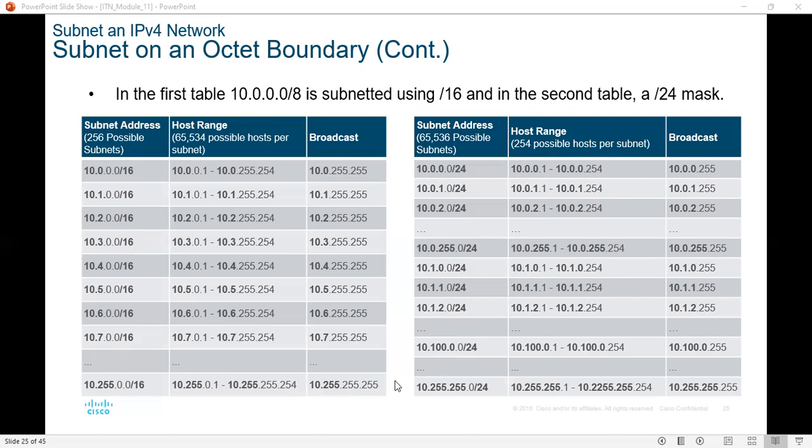So the number of hosts we'll be having will be 2 raised to power 16 minus 2. Who can help us do that calculation, please? I'm waiting for the response. 2 raised to power 16 minus 2. If you have a calculator with you.